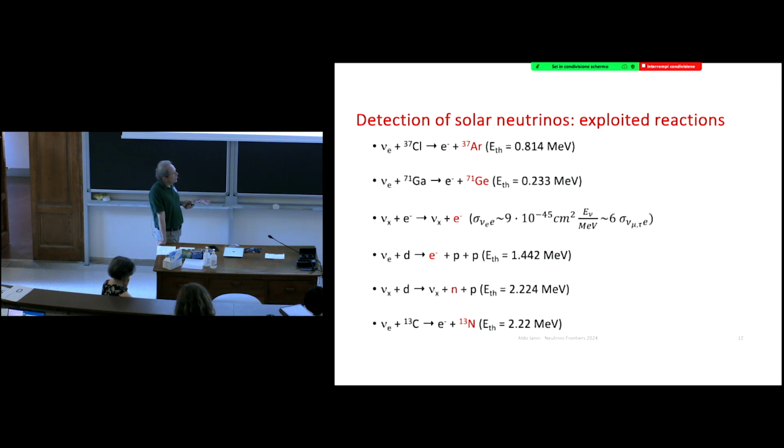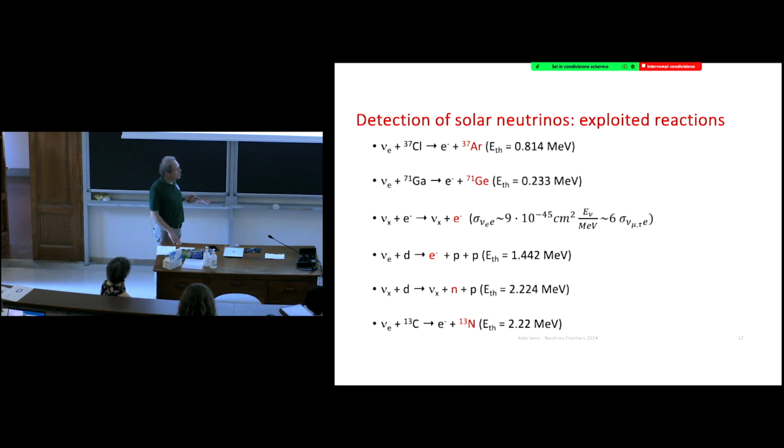What happened is that through this channel you produce germanium-71. Then you let the detector sit, absorbing solar neutrinos for 20 days.